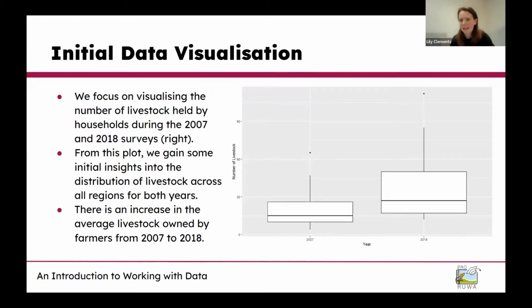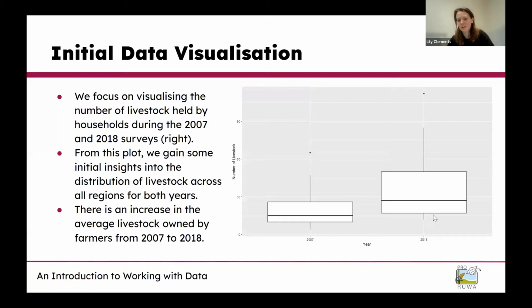But just briefly here, the box plot shows the spread of data. It gives you a maximum point, which is the point up here. So someone in 2018 said that they had over 100 livestock. It gives the minimum point, which means in 2018, someone said that the smallest number of livestock anyone had was just under 10.